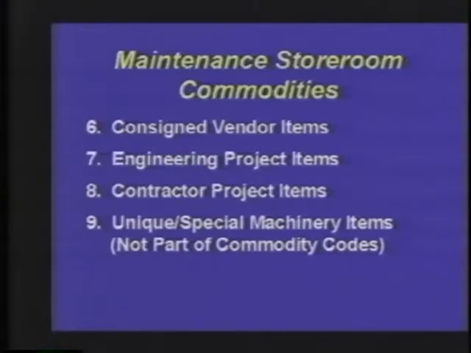Sometimes we may have items that are not part of an inventory class code. They're not part of a commodity, and they may be used by, let's say, facility engineering on future projects, but they're not part of a project at this point in time. Generally, an area for those items would be at the rear of the storeroom.